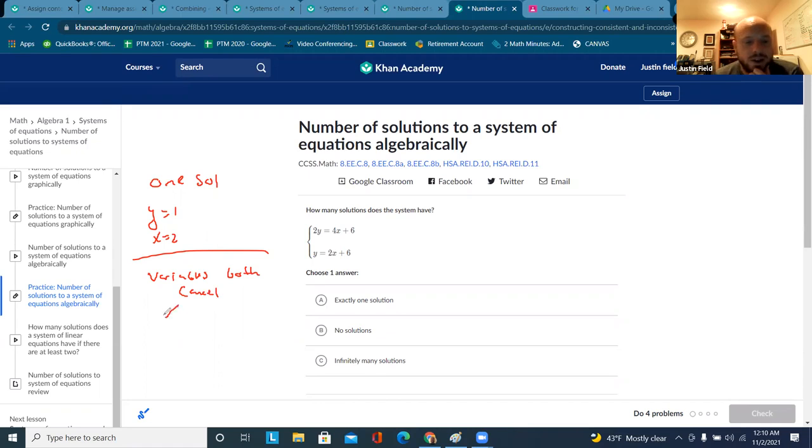And so if you get something like 1 = 0, that's no solution. And if you get something like 2 = 2, that's infinite solutions. All right. So there's 1, 2, 3.